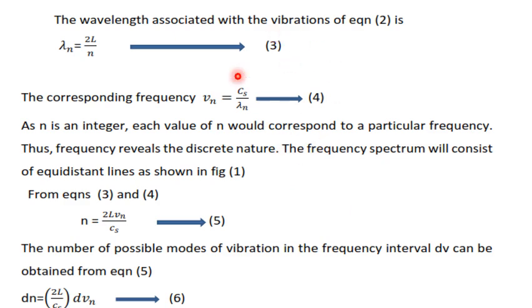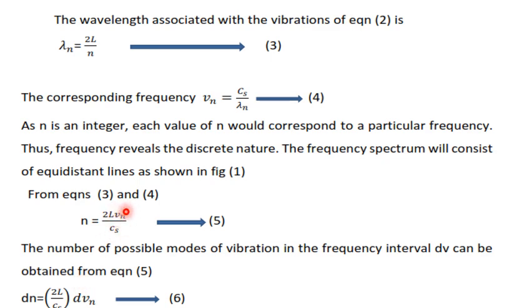From equations 3 and 4, we will find the value of n. n is equal to 2L nu n divided by Cs. When you differentiate this equation, you will get dn is equal to 2L by Cs d nu n, where 2L by Cs is a constant.